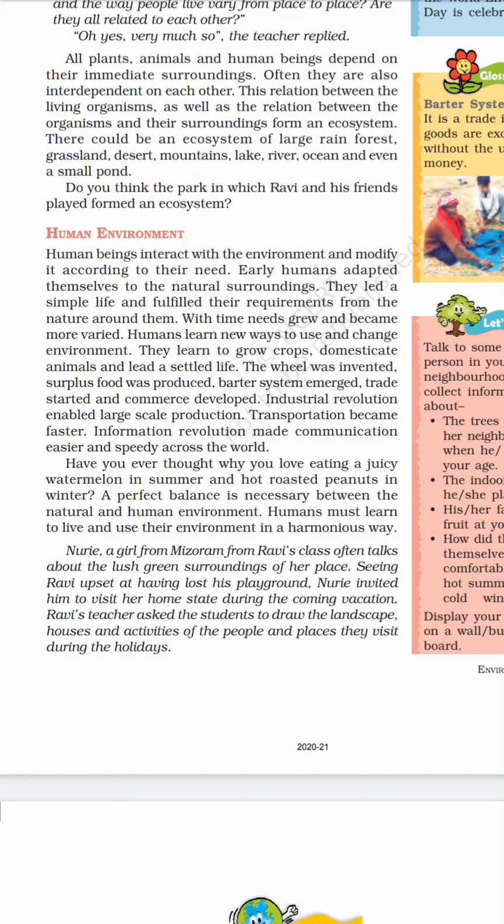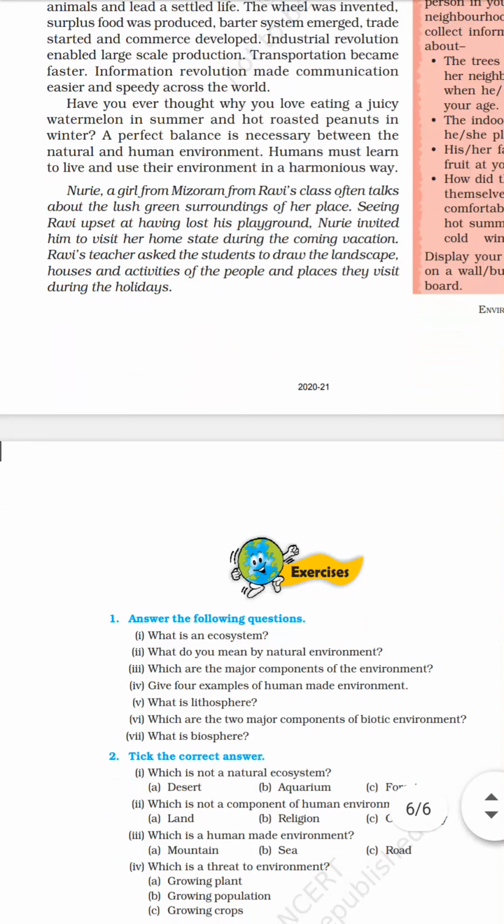Next, the third one is the human environment. The human beings themselves are an environment. Human beings also create their own environment: each and every individual is part of the environment, a few individuals form a family, and different families form a community.